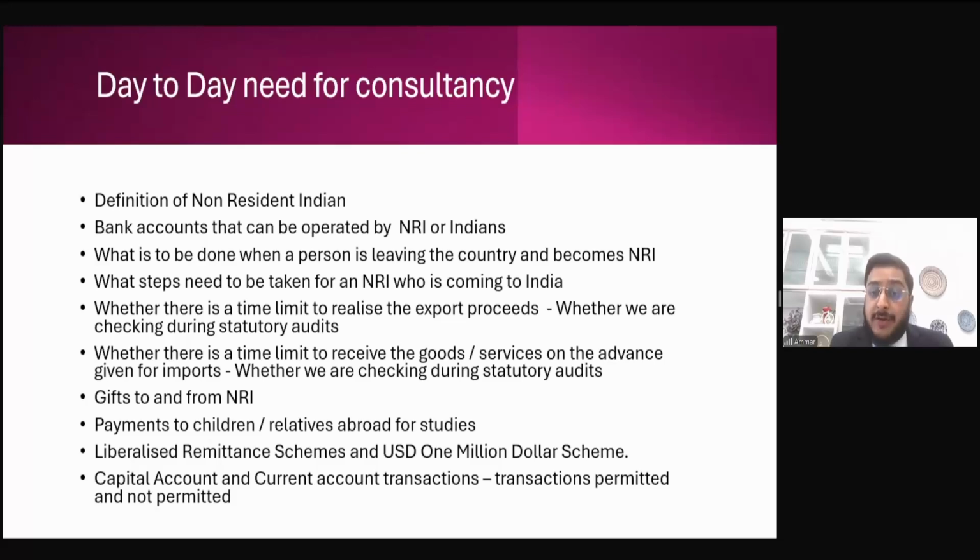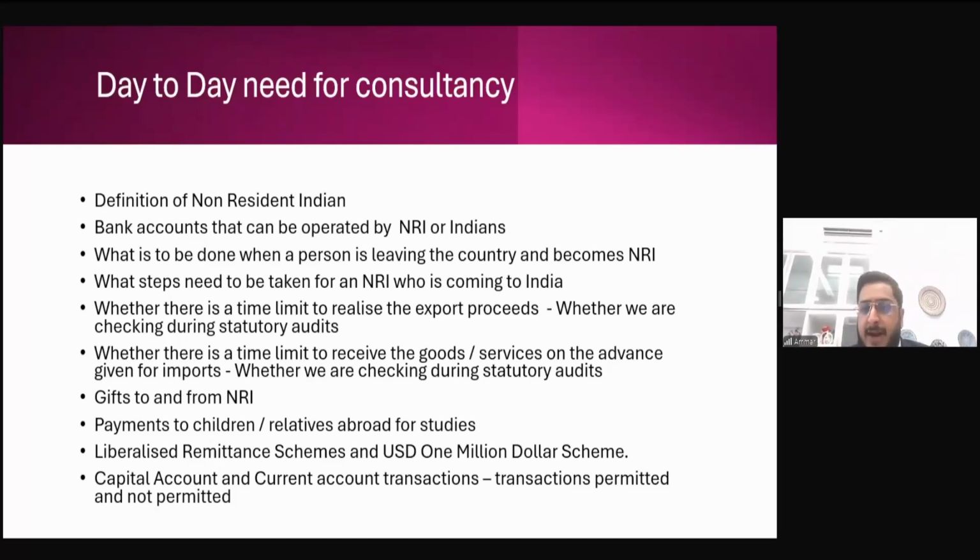A lot of times when we go for an audit, we see that the client has done an export sale, has not received the money for 2 years, and has written it off as bad debts. That is a FEMA violation as well, because to write off a debtor of an export sale, certain conditions have to be followed, and approvals of the AD bank might be required. This is where we can help them.